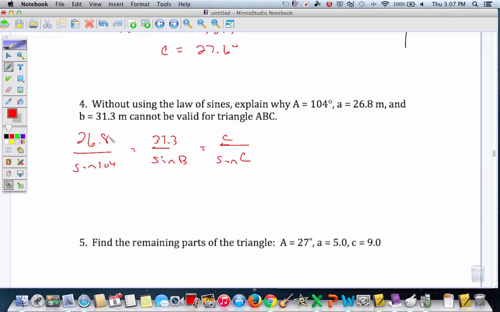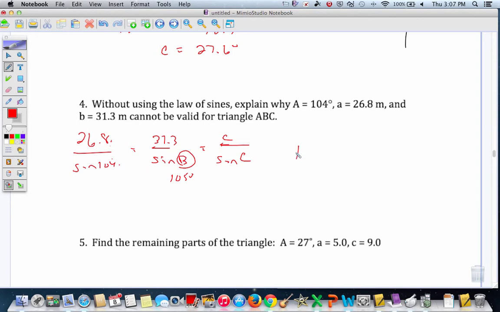Anyway, if you look at this, our angles are opposite our sides, as you can see, but as we progress up, the size of the side, for example, the smallest side should be across from the smallest angle, the largest side across from the largest angle, and so on. So in this case, 26.8 is opposite to 104 degrees, which means angle B would have to be larger than 104 degrees.